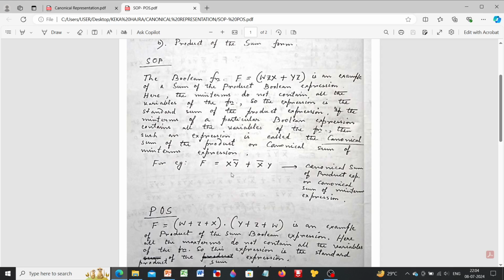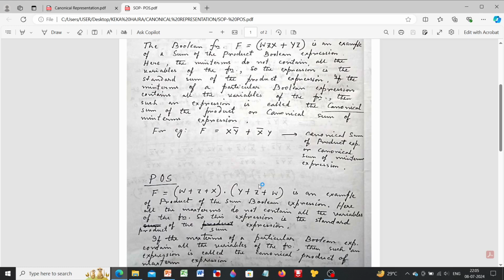Example of this is f equal to x y bar plus x bar y. This expression may be called canonical SOP because the function contains 2 variables x and y, and both the terms contain all 2 variables x and y, either in normal form or complemented form.